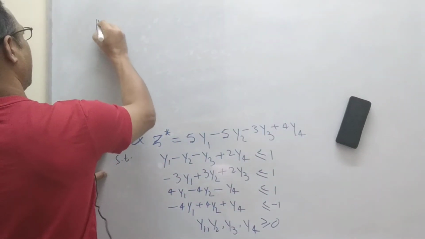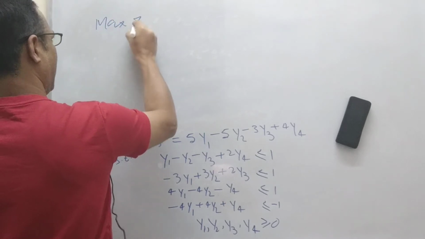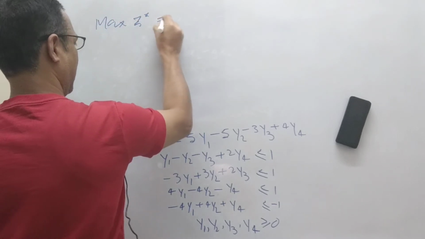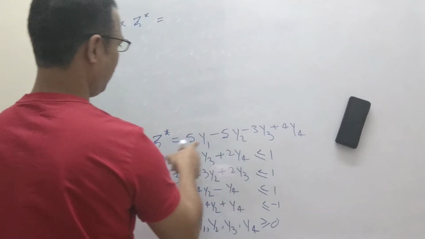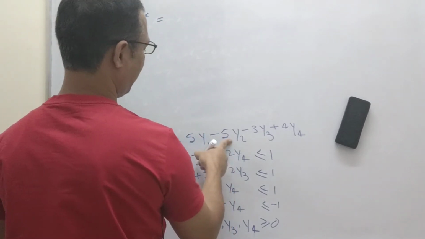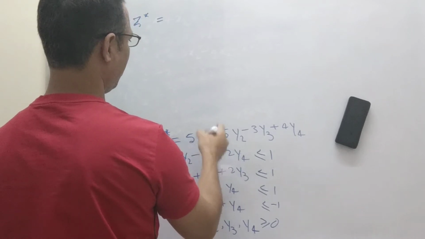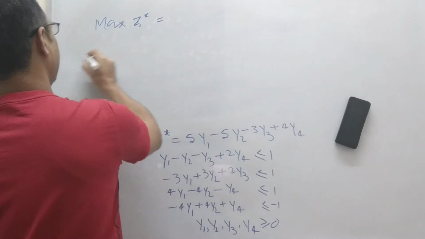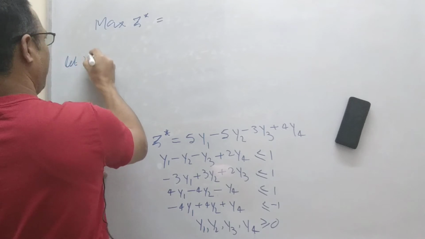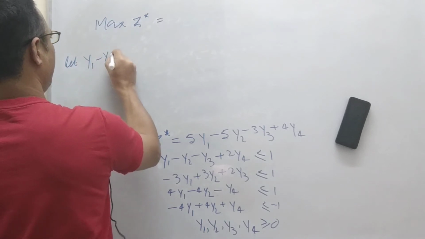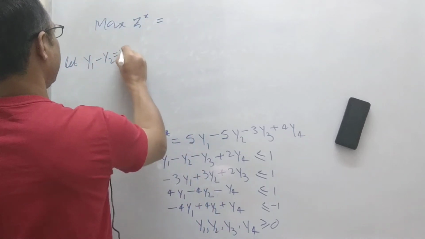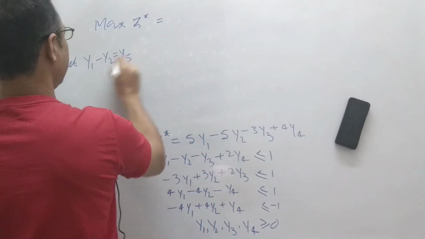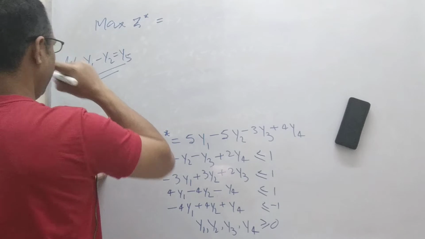Max z star is equal to, here we can say 5 and 1 with y1 and y2. If we take the common 5, then 5 of y1 and y2. So let us consider y1 minus y2 is equal to, we already have got up to y4, so we can consider this value y1 minus y2 as y5.